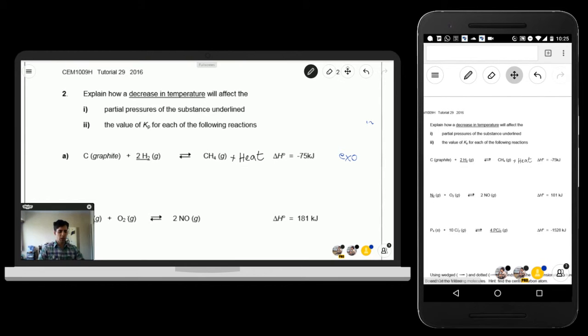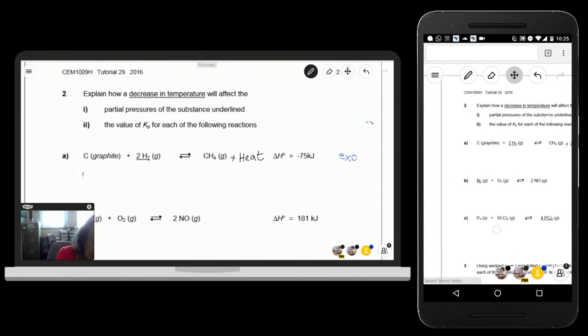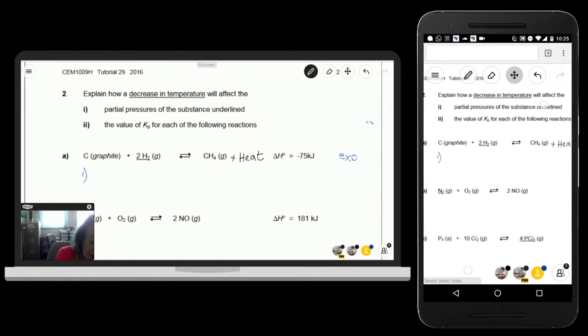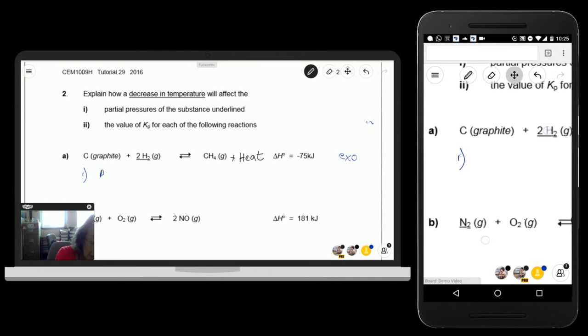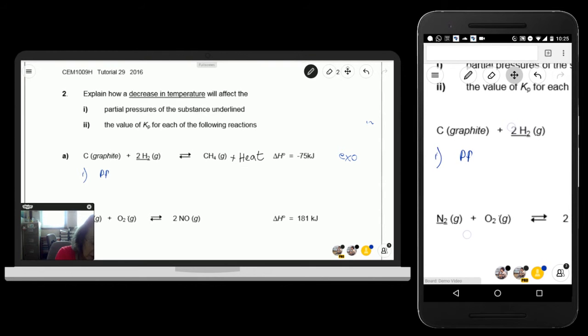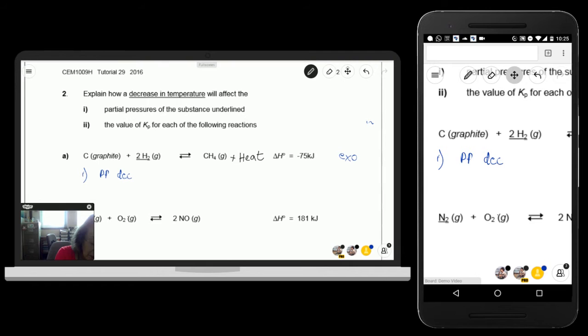So I think that means that the partial pressure would go down. Yes, because effectively by decreasing the temperature, you're removing the heat. So the partial pressure will decrease.